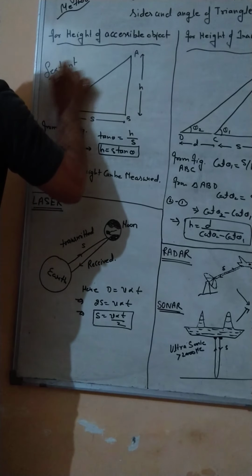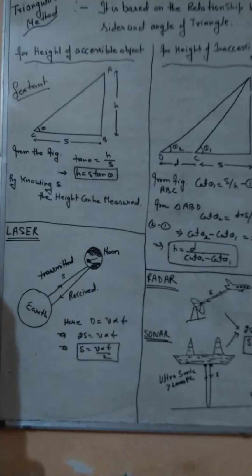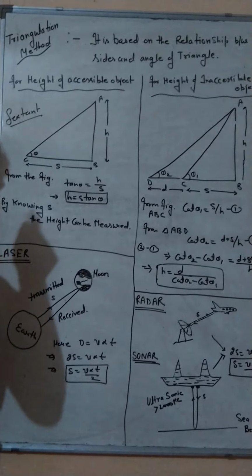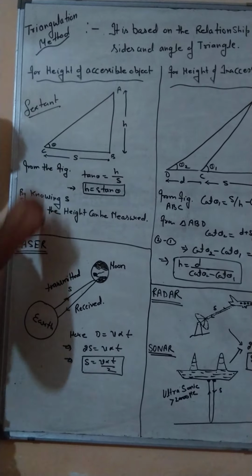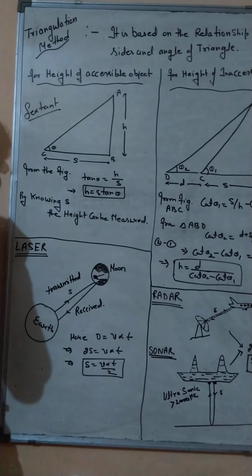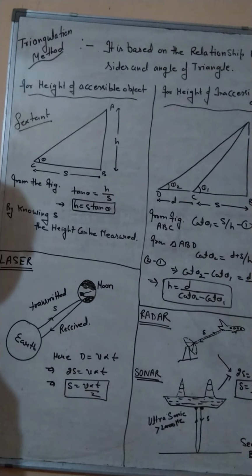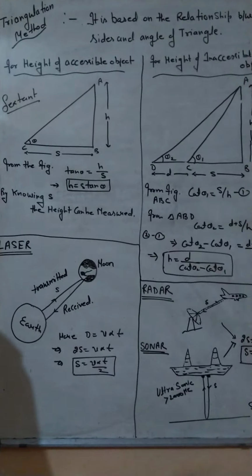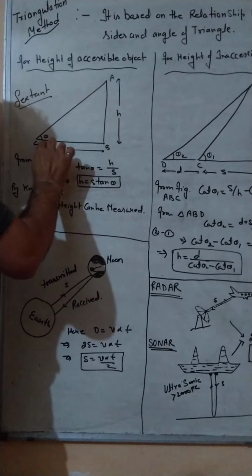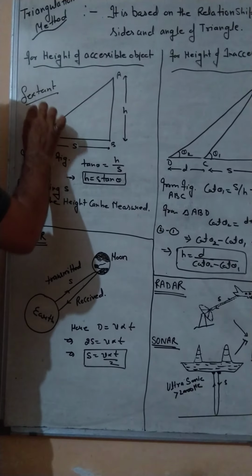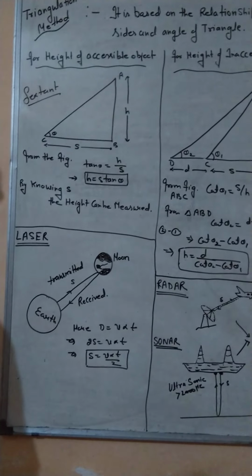A sextant is basically a device used to measure the angle that an object's tip makes with the ground. We stand here and try to see the top of the object whose height we want to measure. Let it make an angle theta, and that angle theta is given by the sextant.